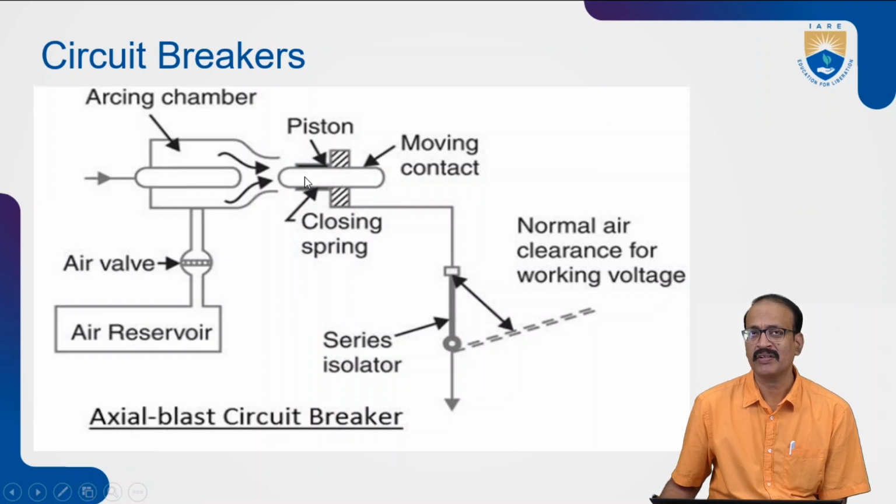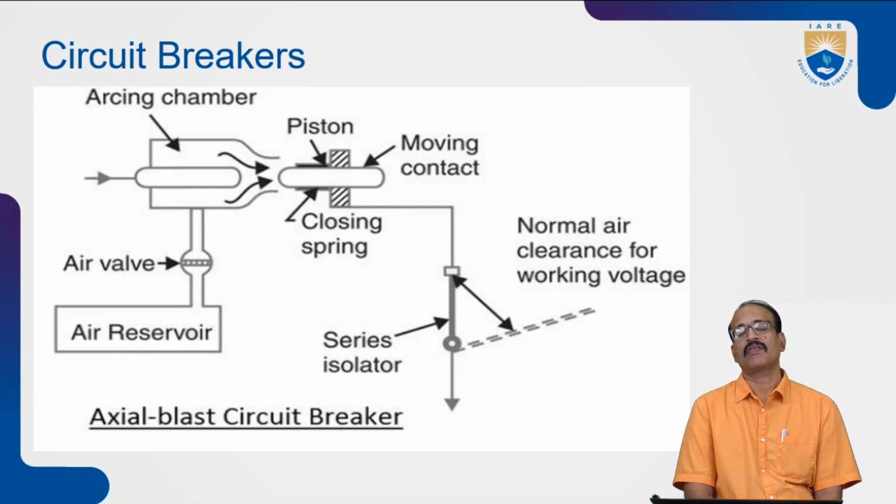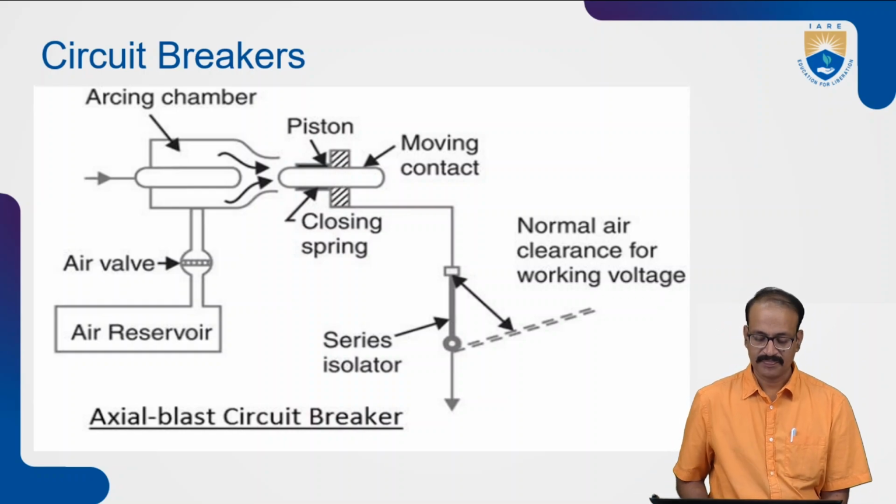The moving contact is moving, parallelly increasing the distance between the fixed contact and moving contact. Alternatively, it is extinguishing the arc, and not only that, it also sweeps the arcing components, avoiding the restriking.